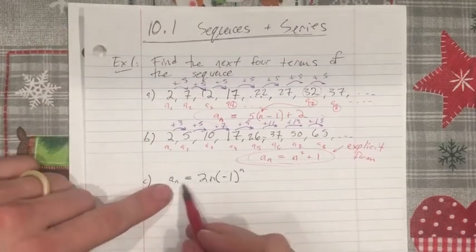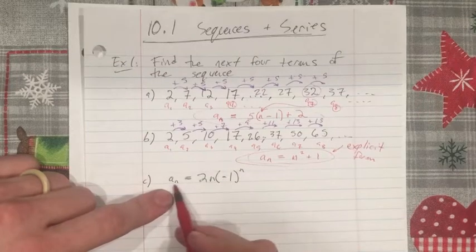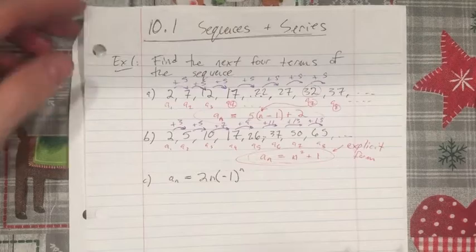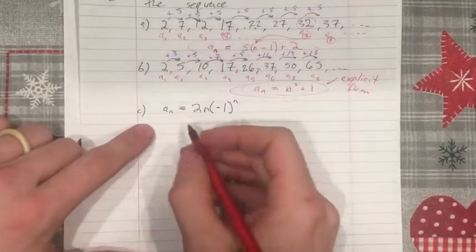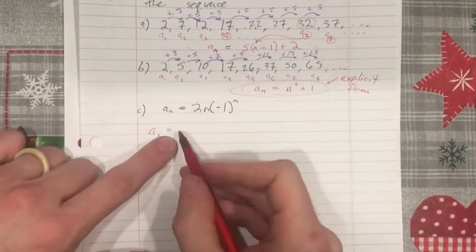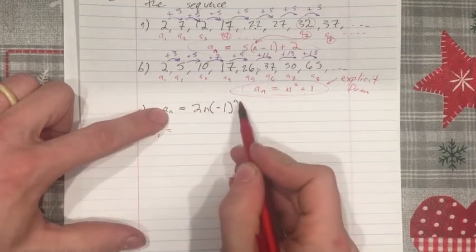Okay, here, part C is a sequence that is already given to us. We already have the formula for it, the explicit form for this third sequence here. And we just want to generate the first 4 terms. So let's see here. A sub 1, what's that going to be? Well, this tells me that a sub n is 2 times n times negative 1 to the n.